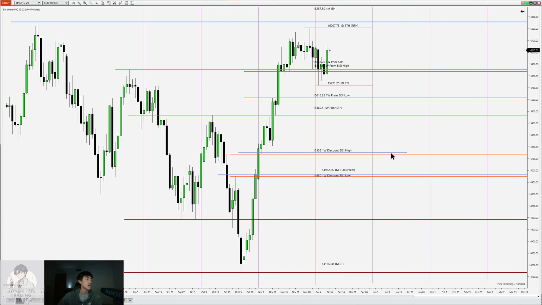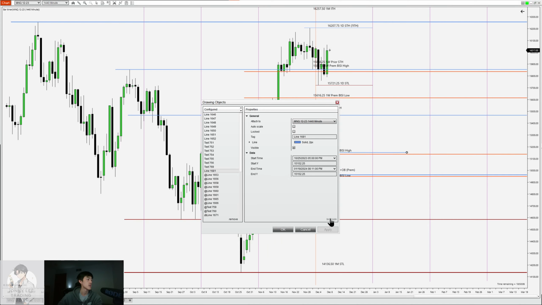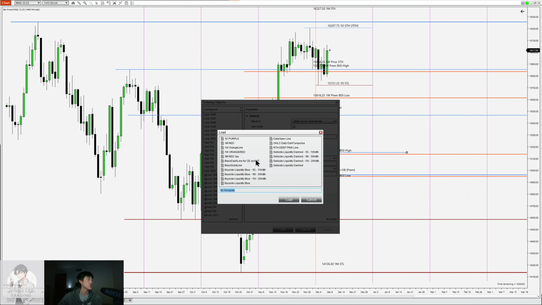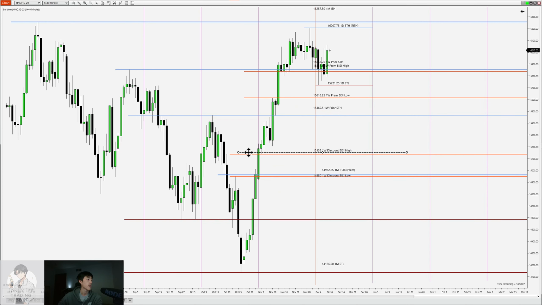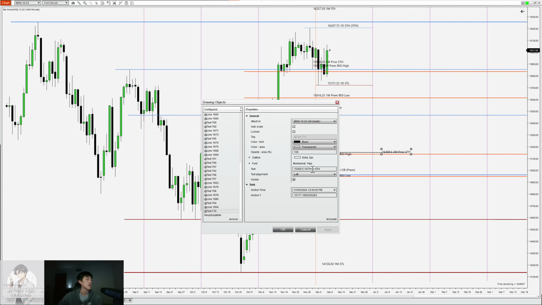We can treat this as a dealing range, and we will treat this as such, and we will make this key. Let's see, this will be the discount high, and we'll mark this as the upswing dealing range CE.